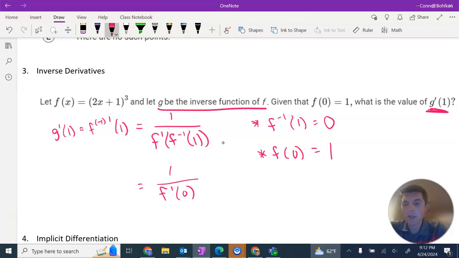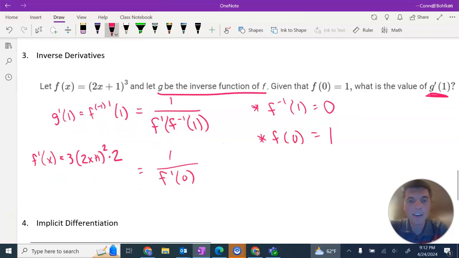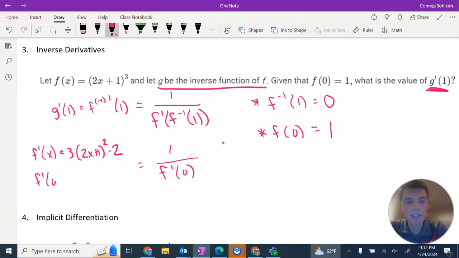This was a multiple choice question that I just cut off for space. But if you got the equation right, generally they're just testing, do you know the equation? They're not trying to trick you with some crazy possibilities, right? So the derivative here is a chain rule derivative. Derivative of the outside, keep the inside the same, multiply by derivative of the inside, and then f prime of 0, that's what I want.